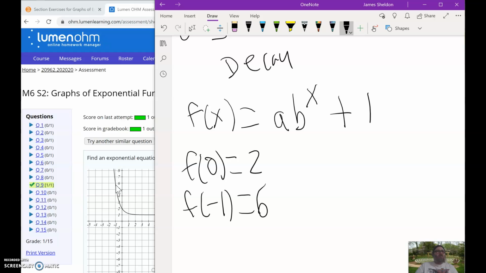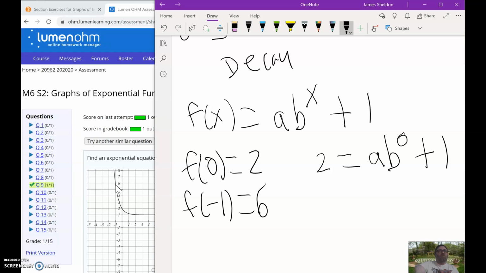So the first one we're going to start with is always going to be the x equals 0. And so what we're going to say is if f of 0 equals 2, then that means 2 equals a times b to the 0, plus 1. Now this is really neat because we have b to the 0, and anything raised to the 0 is just 1.